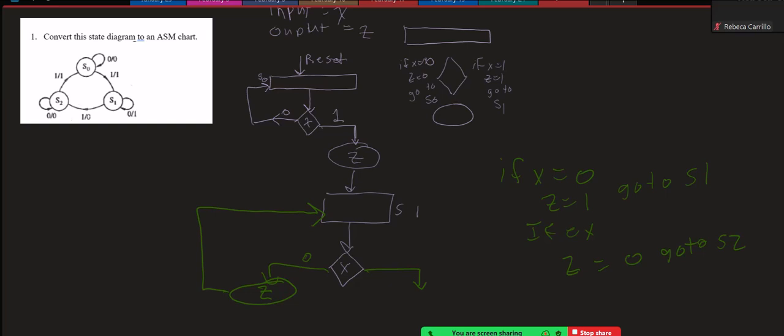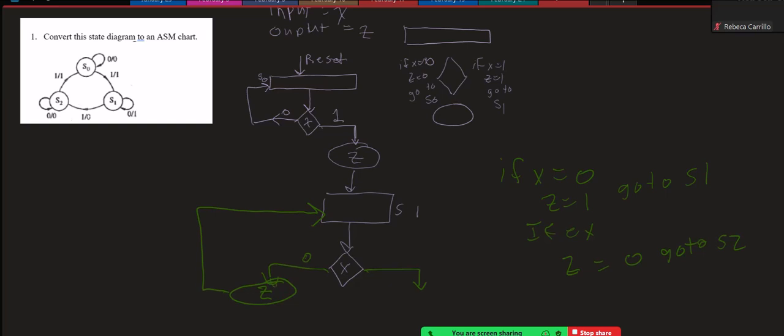So notice from state S0, we had our input x. If x was 0, we went back to S0 and our output was 0. If x was 1, we went to state S1 and our output z was 1, and we have a symbol there for z. So from state S1, we have our input x. If x is 0, then z is 1.